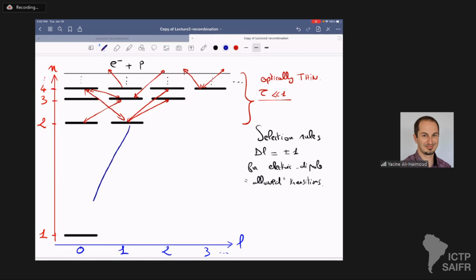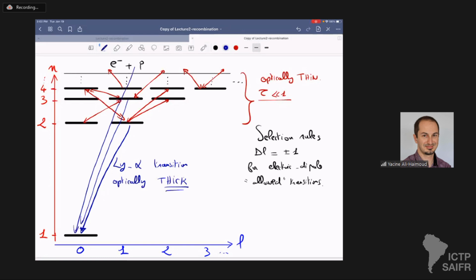However, this transition here is called the Lyman alpha transition, and this transition is so-called optically thick. In fact, all of the transitions to the ground state are; there's the Lyman beta, and there's the Lyman continuum transition.